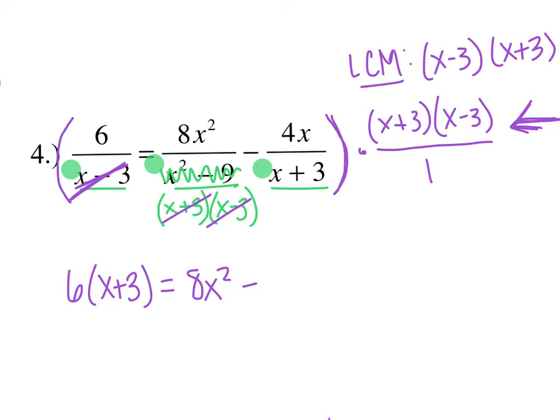Then subtract. 4x is just over x plus 3. So the x plus 3 in its denominator will cancel with the x plus 3 in the LCM, and we're going to have to multiply that 4x by the x minus 3 part. So now we have a normal equation.